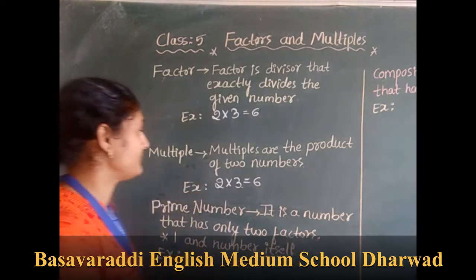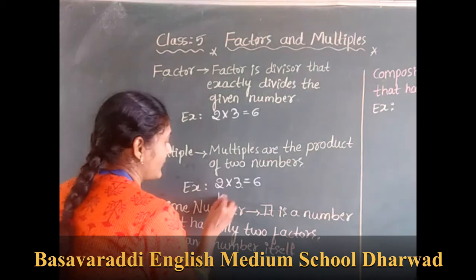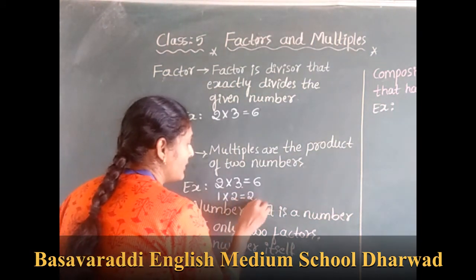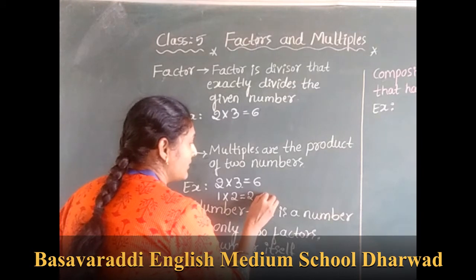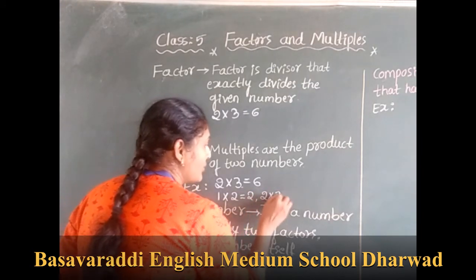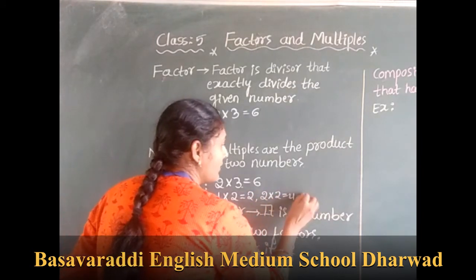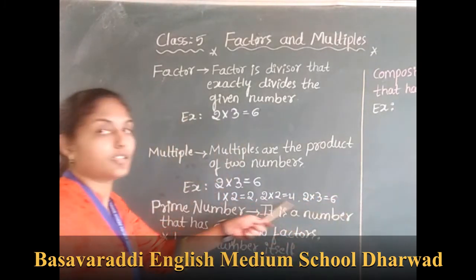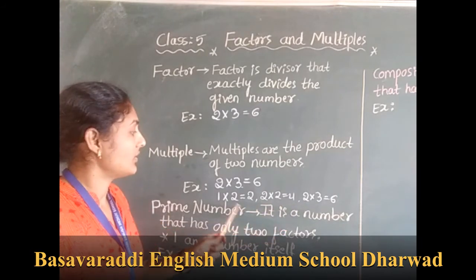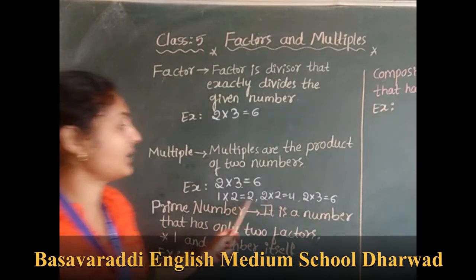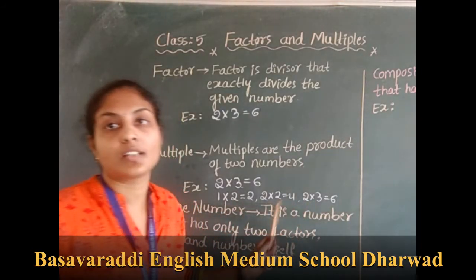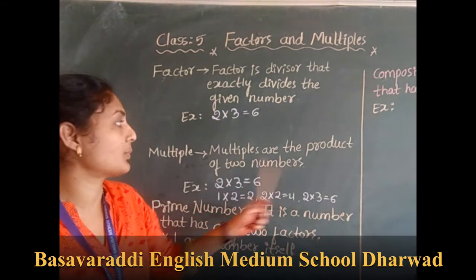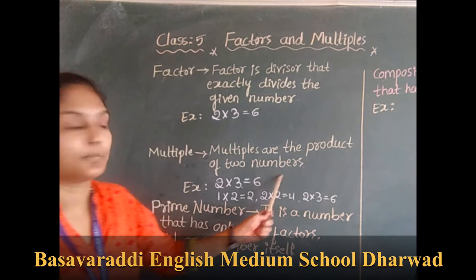For example, 1 into 2 is equal to 2, 2 into 2 is equal to 4, and 2 into 3 is equal to 6. These are the table of 2, and these are the multiples of 2. So, the multiples are the product of two numbers.